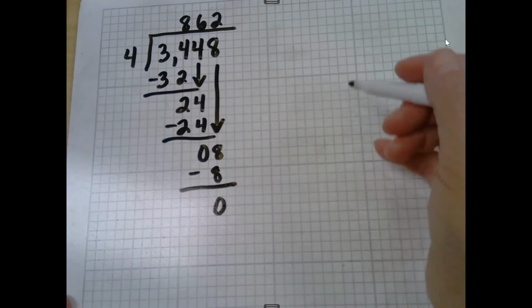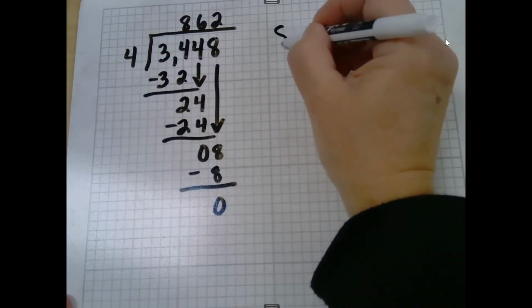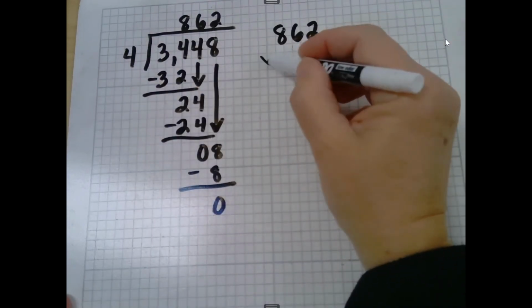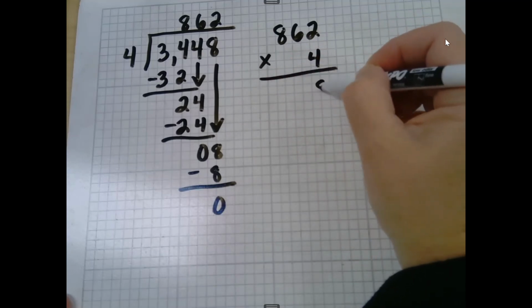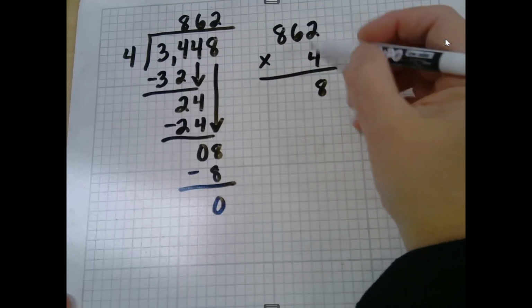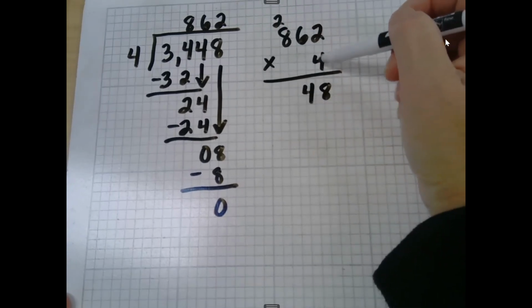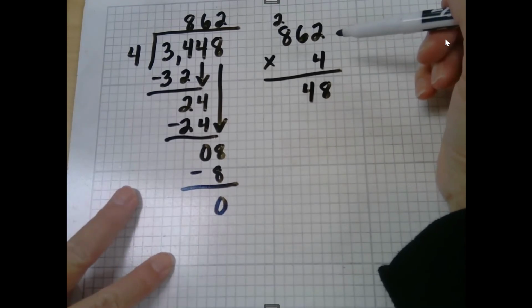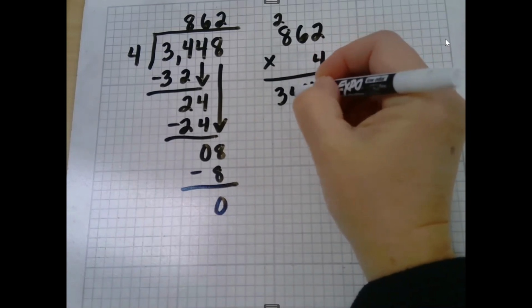To check that, we're going to take our quotient, 862, and we're going to multiply by our divisor. 4 times 2 is 8. 4 times 6 is 24. Carry the 2. 4 times 8 is 32 plus 2 more, 32, 33, 34.